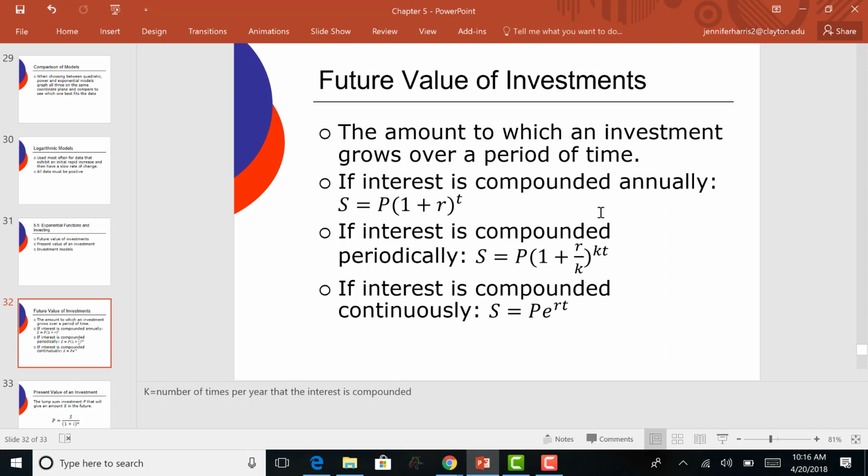Think of compounding as something that gets multiplied over and over again. In the second bullet, the interest is compounded periodically, so we're going to talk about the periods. And in the third bullet, it just keeps compounding all day, every day, 24/7. It never stops compounding. So we're going to look at each of those types.